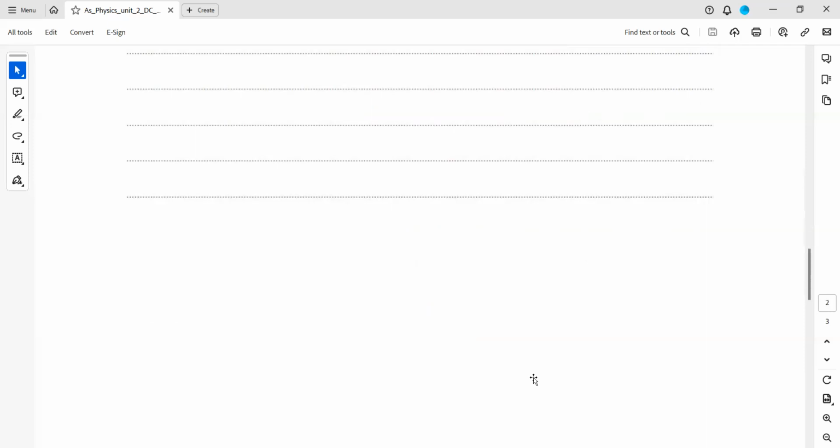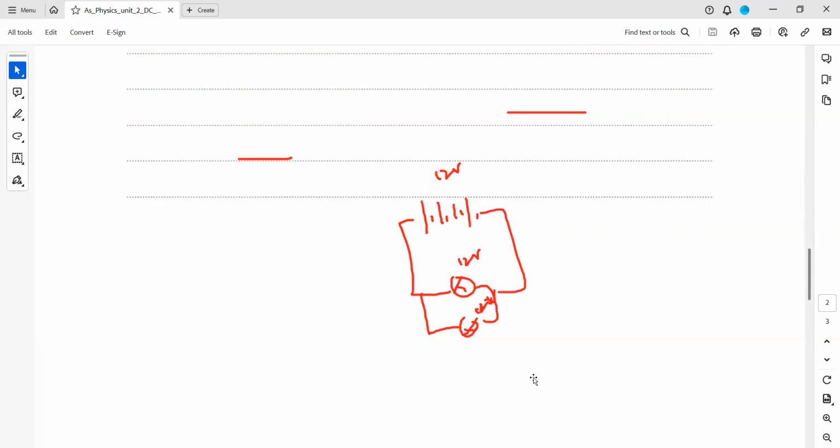And as you can see here, power is the product of voltage and current, or if you have two identical lamps, we have the formula P equals I squared R. So what will happen?